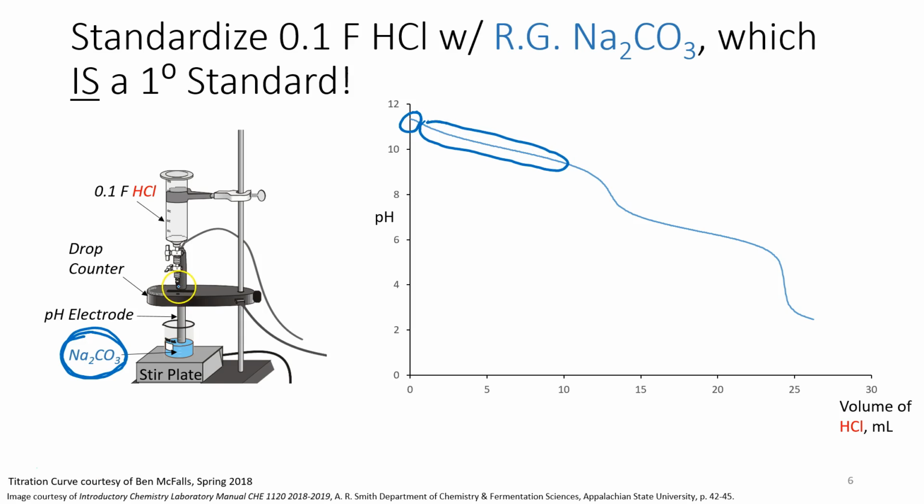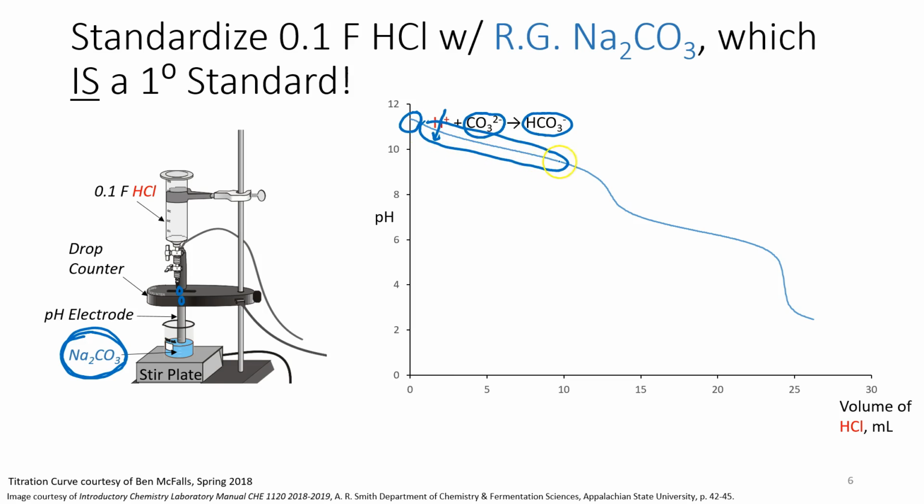Every time you add H+ during the titration, that H+ is going to neutralize the carbonate in the sample. So at this point in the titration, every time you add H+, it gets consumed and your solution contains a weak base and its conjugate acid, also known as a buffer.